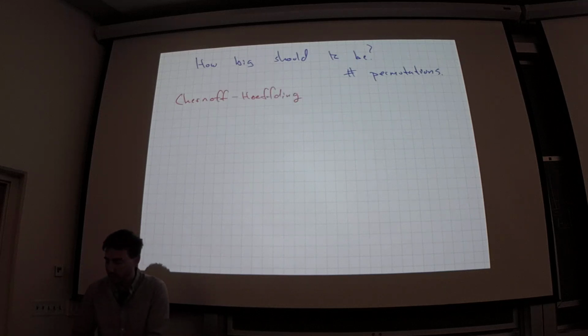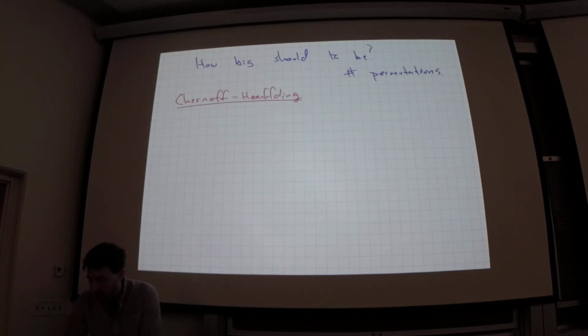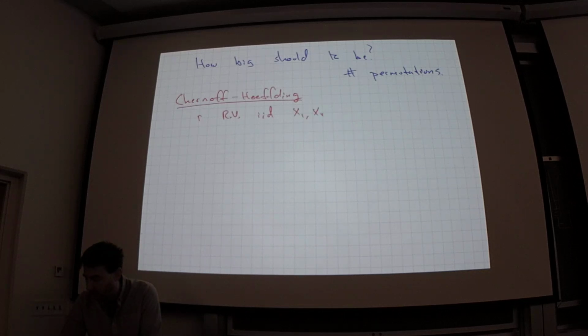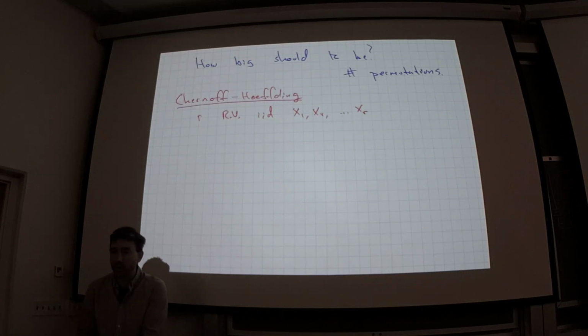So there's this Chernoff-Hoeffding bound, which is a very useful bound. Let's say I'm going to have R random variables, which in this case are IID random variables, x1, x2, up to xr.